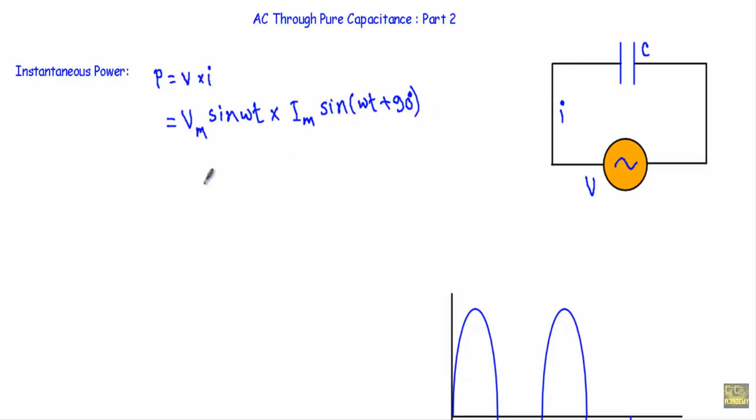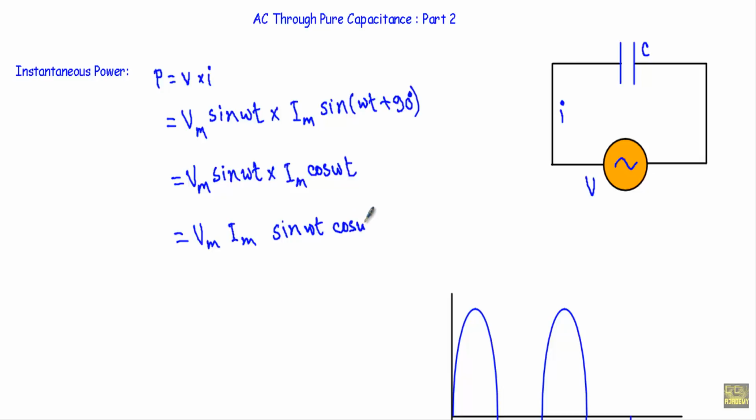Sin omega t plus 90 degree is given as cosine omega t. So I have Vm Im sin omega t multiplied with cosine omega t.